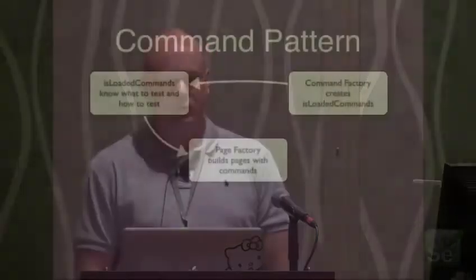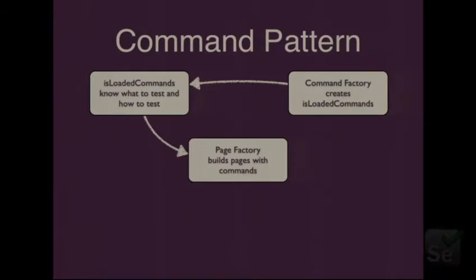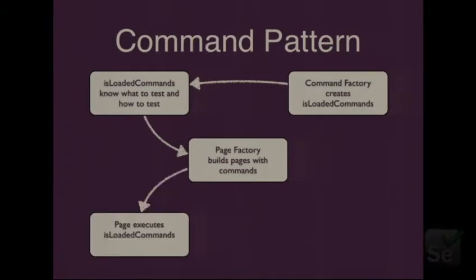These commands are then passed on to the page factory. The page factory needs to know this information to marry together both the commands and the pages that we're trying to build. Then, at some point in the future, the page will actually execute those is-loaded commands, just like in our stoplight.